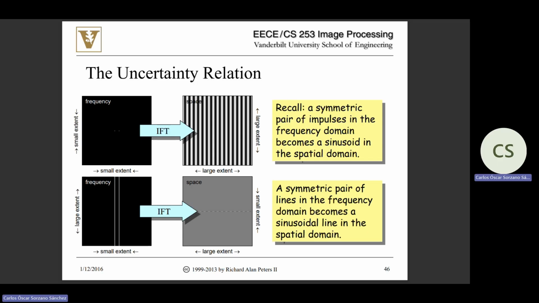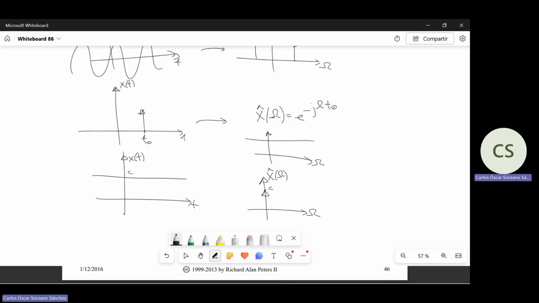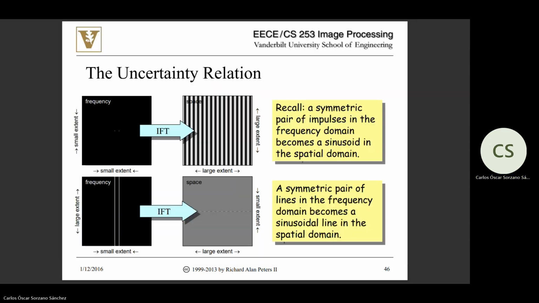So in this direction it behaves as a wave, and in this direction a constant, which we saw is a delta. Because it is very wide in this direction, it has to be very compact in the other space.